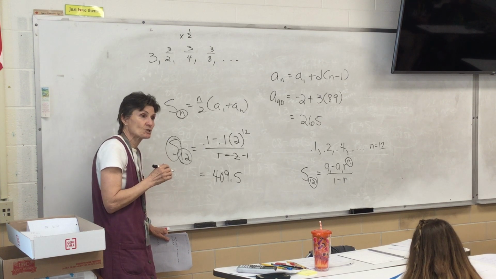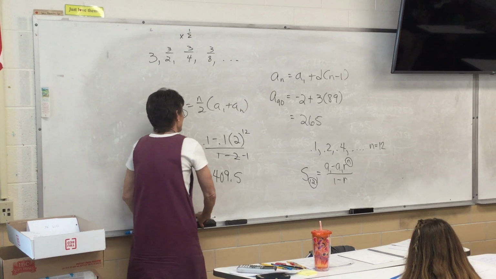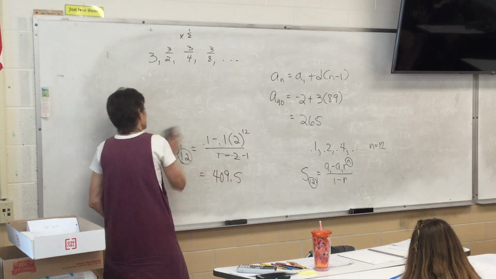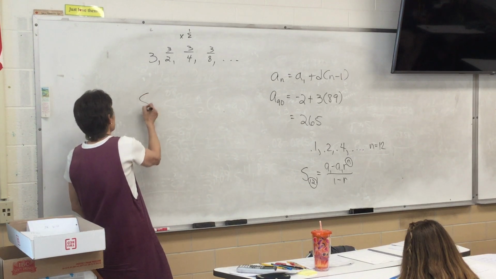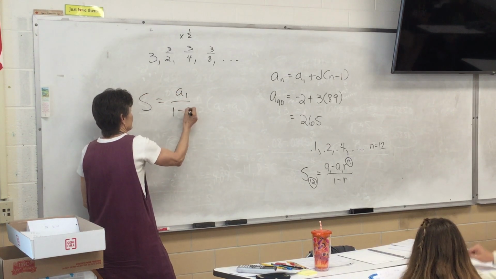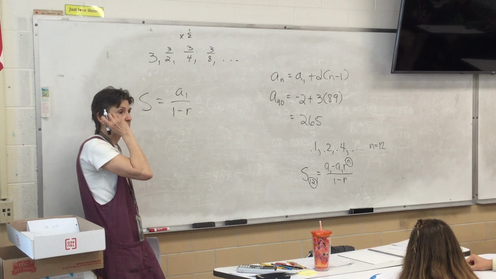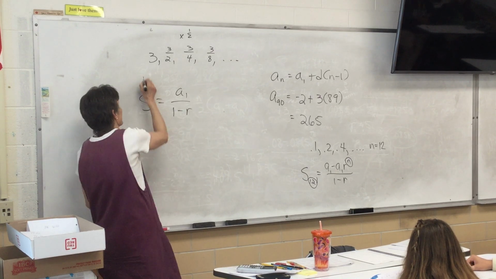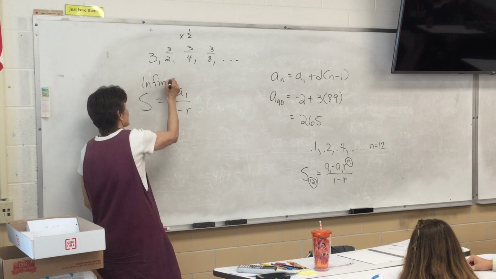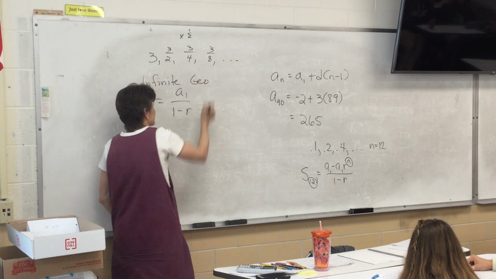This is our last one. The formula for an infinite geometric sequence, or series, is the easiest one ever. It's that. That's the formula for an infinite geometric series.